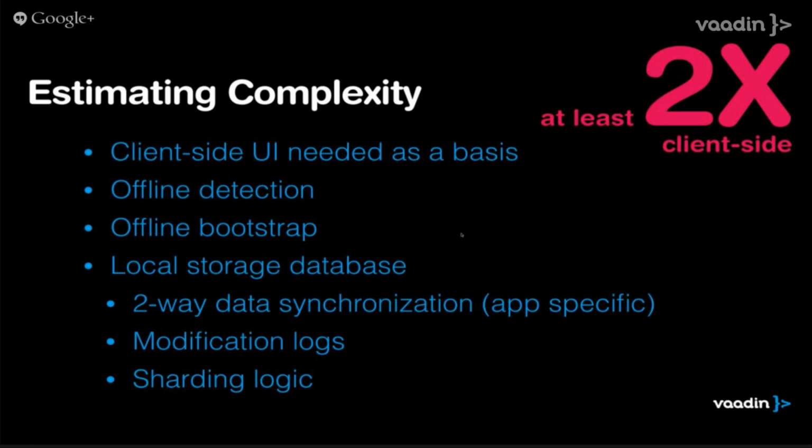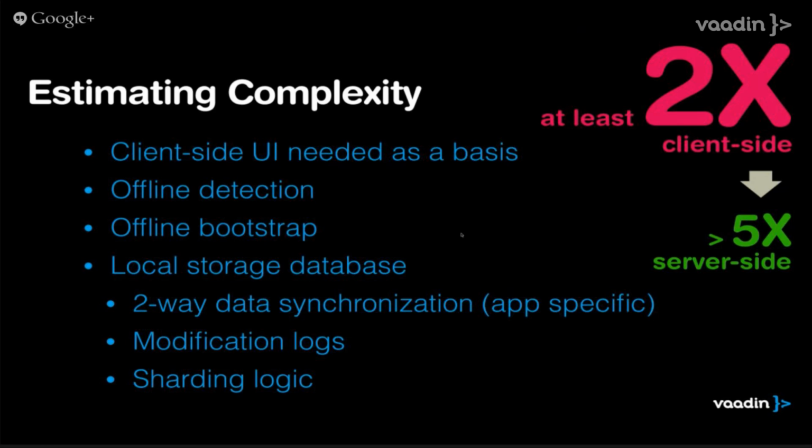And when you're comparing this to the server-side implementation, remembering that the server-side implementation had a third or under half of the code lines of the client-side implementation, you could safely say that the offline implementation of a UI takes at least 5 times the effort to build the same UI on the server side.